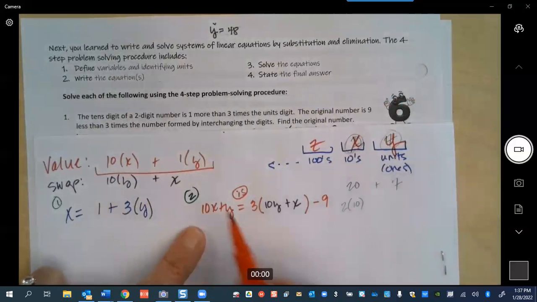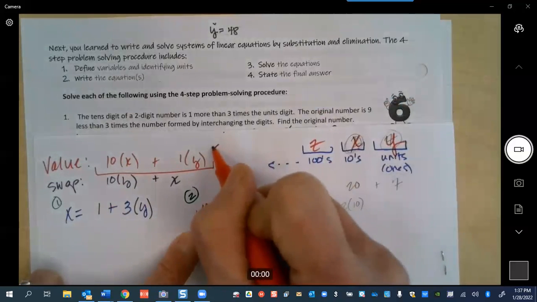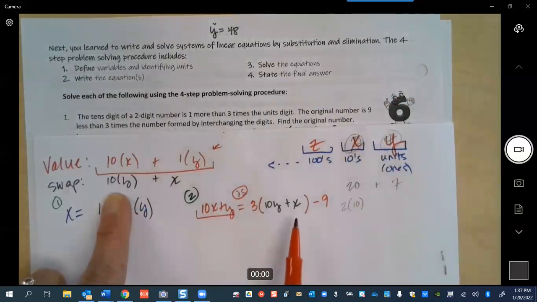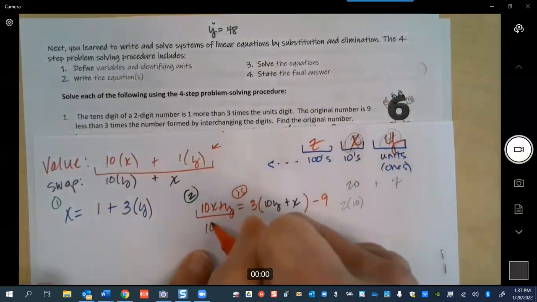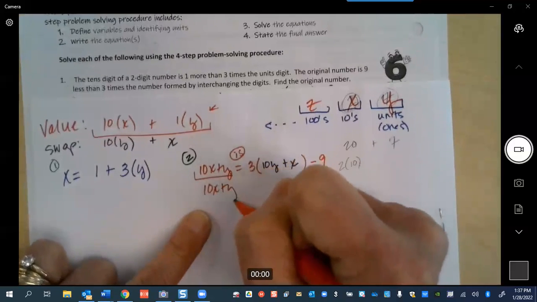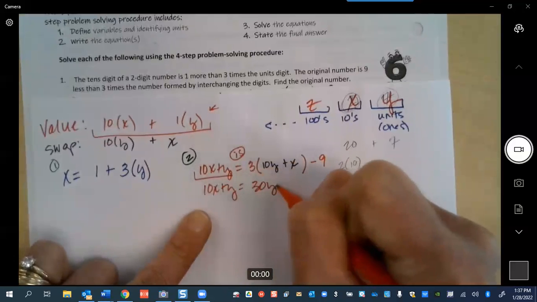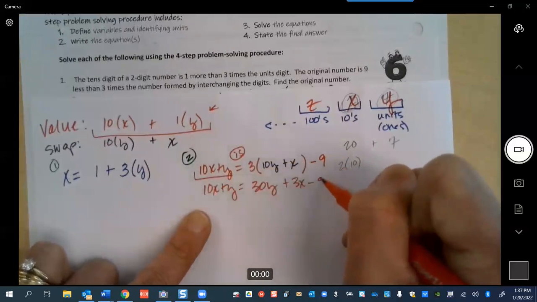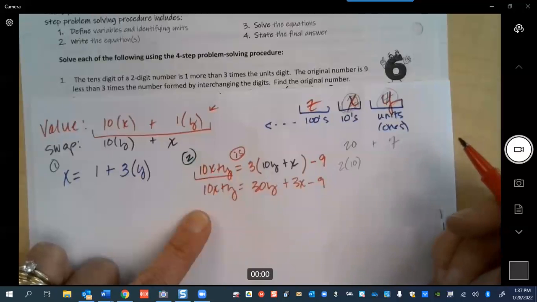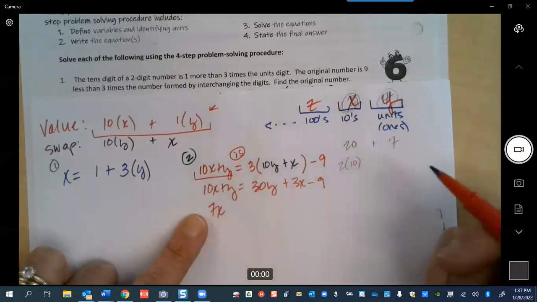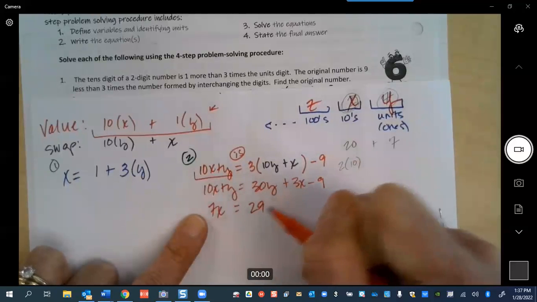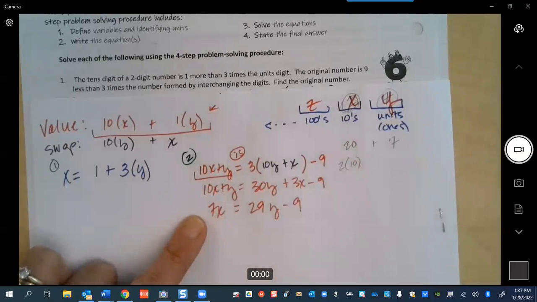So here's my original number. And this is the number that I get when I flip-flop the digits. So when I clean things up a little bit, 10x plus y is equal to 30y plus 3x minus 9. Group my x's and y's. So I'm going to call this 7x is equal to 29y minus 9.